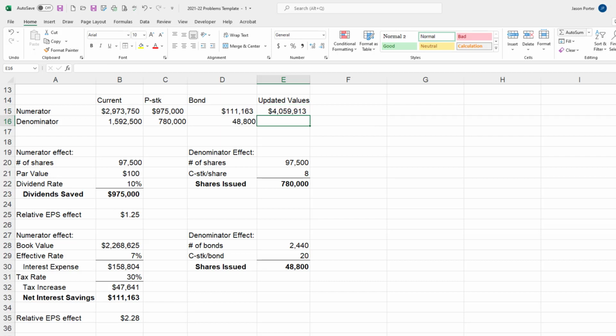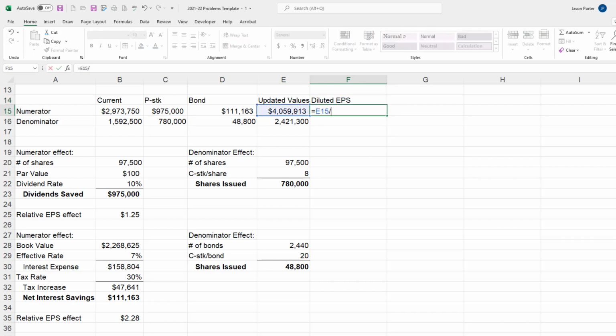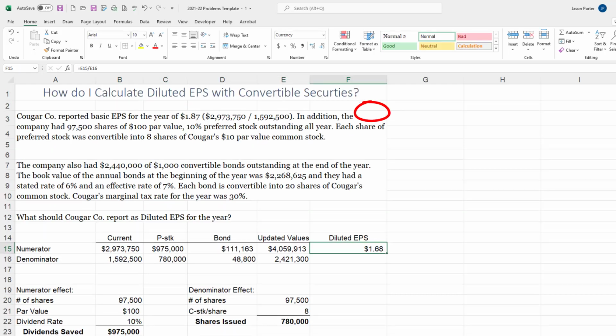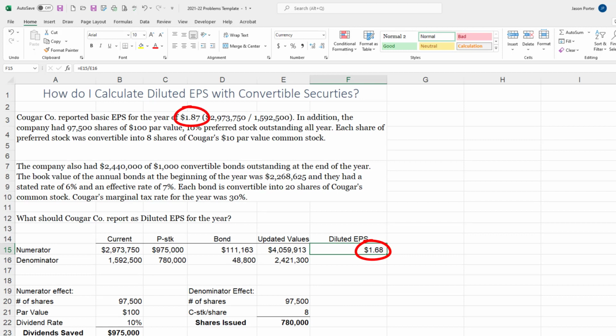Matter of fact, I'll do that here. There we go. So my diluted EPS would be this number. That number would be $1.68. Now that is diluted. It is less than the $1.87 that we showed before. Yep, diluted, great, let's move on with our lives.